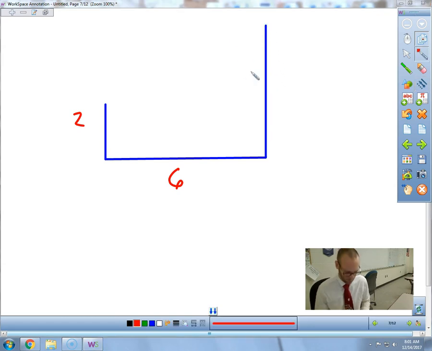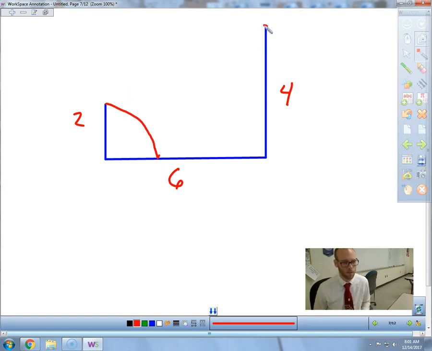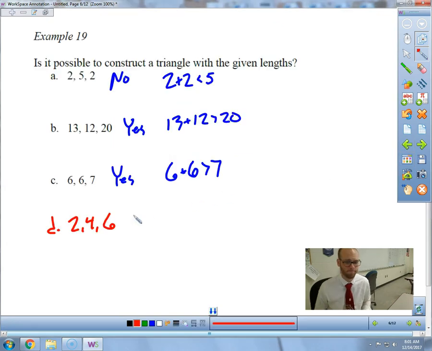And let's say that's 4. What's going to happen here? Well, this is going to hinge this way. This is going to hinge this way. Where are they going to meet? Right there. Does that make a triangle? No. Okay. The 2 plus 4 has to be greater than 6. If it's equal to 6, it does not work.